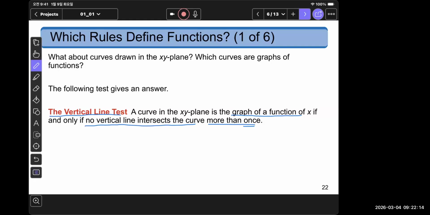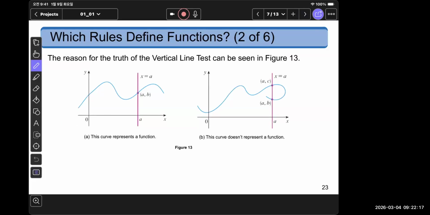As an example, given this curve on the left, when I consider any arbitrary vertical line, the vertical line intersects at only one point. So this curve will be a graph of some function.